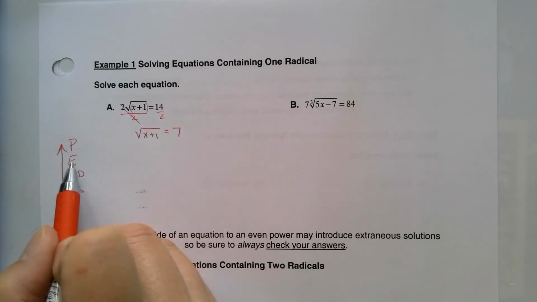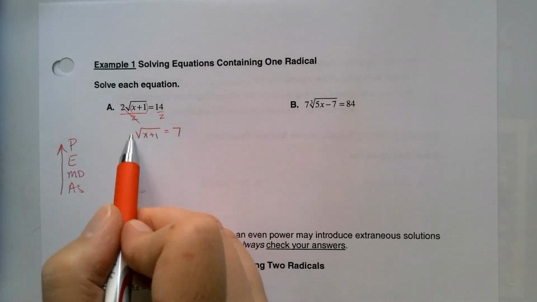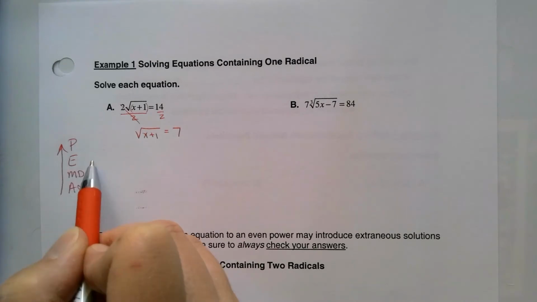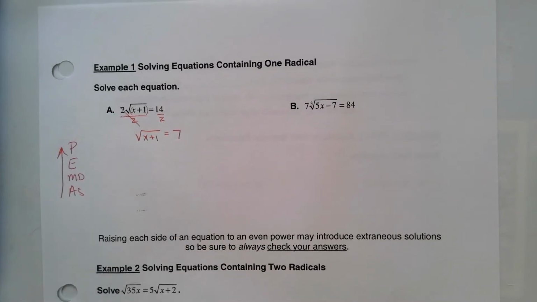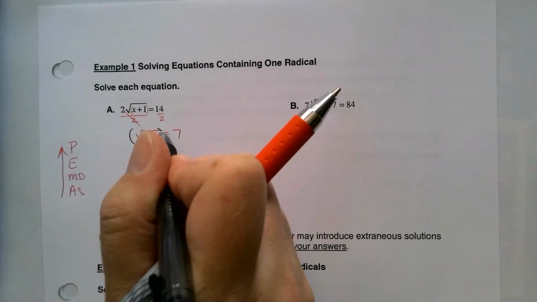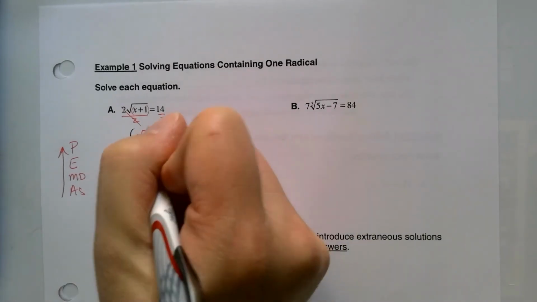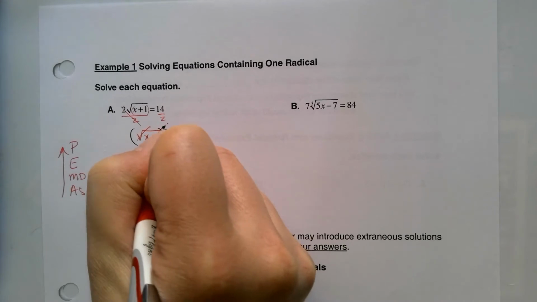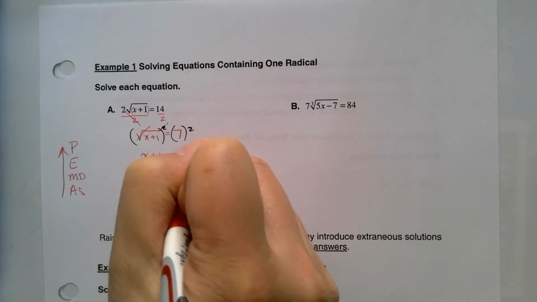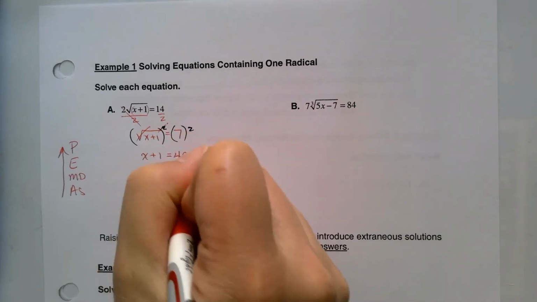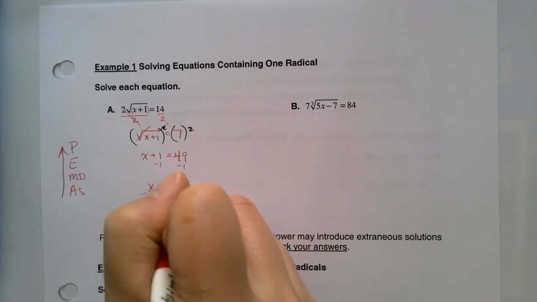Next are the exponents. So how do I get rid of this root? Because remember, a square root is part of the world of exponents. So to get rid of it, I'm going to square it. And if I square this side, I square the other side. So this cancels out and leaves me the full x plus 1, and it's equal to 49. So I simplified, and now I'm going to solve. And so x is 48.